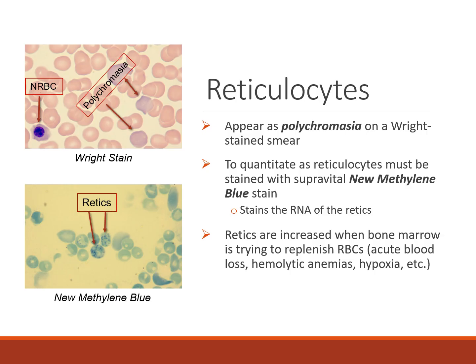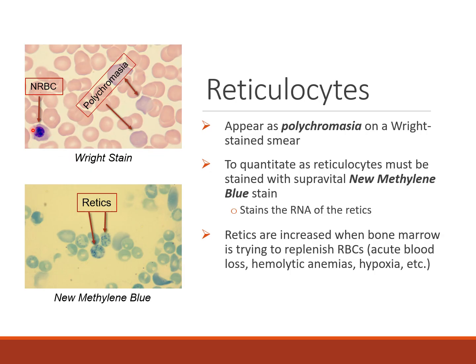All right. So remember, reticulocytes are about 0.5 to 2%, 1.8%, I mean, it's kind of in that range. Reticulocytes, again, appear as polychromasia.